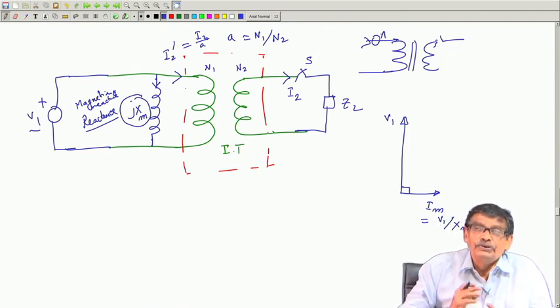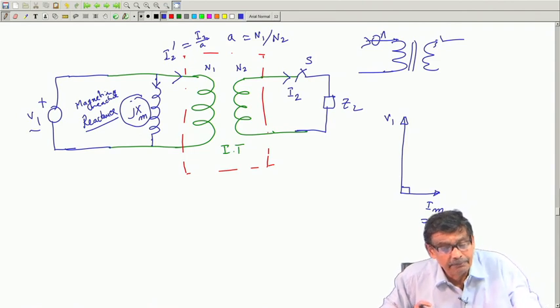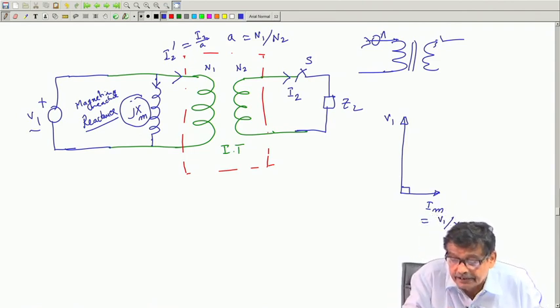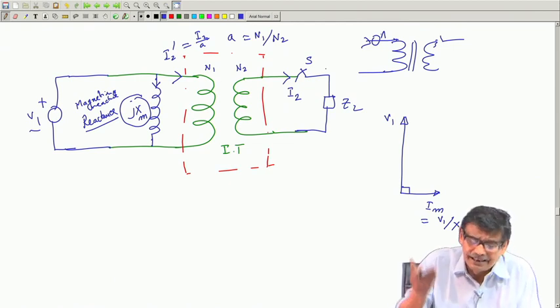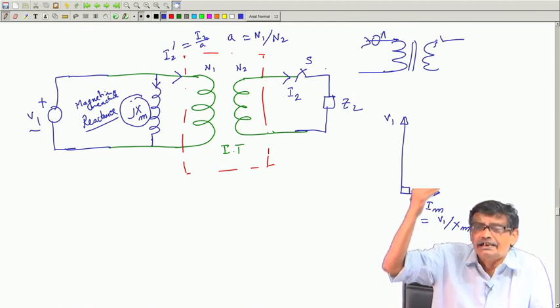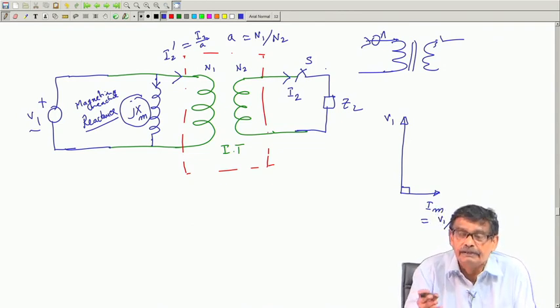It should not disturb anybody that I have applied a voltage and something is connected between these two, yet there is no current when S was opened. This we have discussed at length previously. This is an ideal transformer. Ideal means ideal, mu r is infinitely large, you do not require any magnetizing current for this portion.